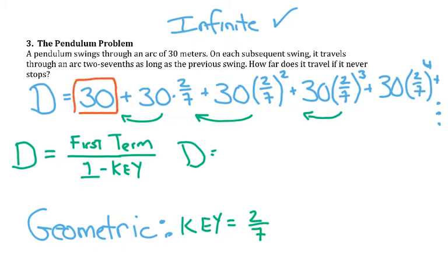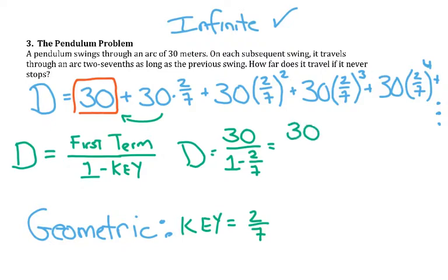That's 30. 1 minus 2/7. Okay, we can do that. That will be 30 over what? 1 minus 2/7 is 5/7.